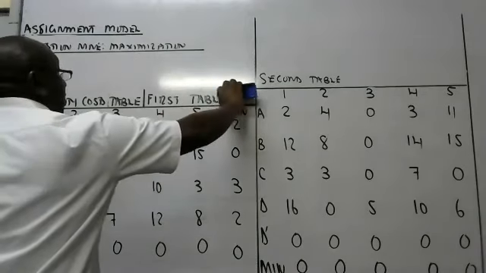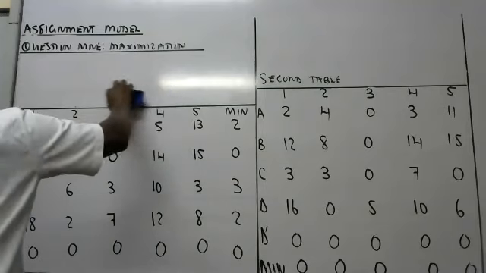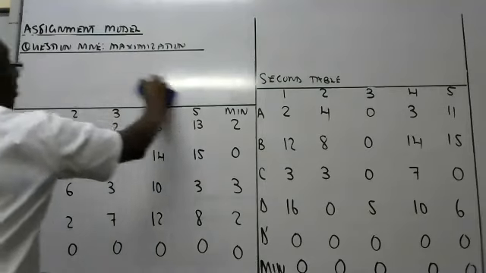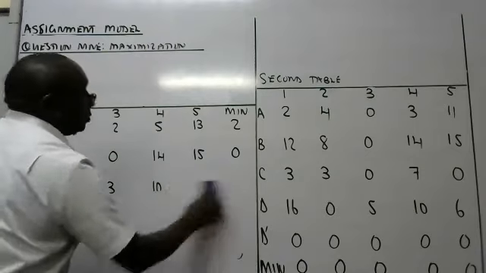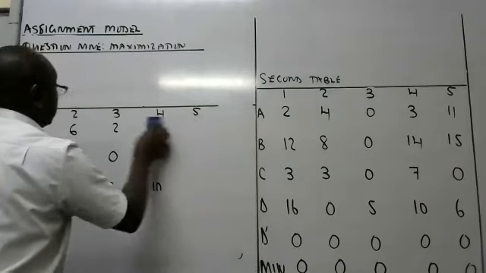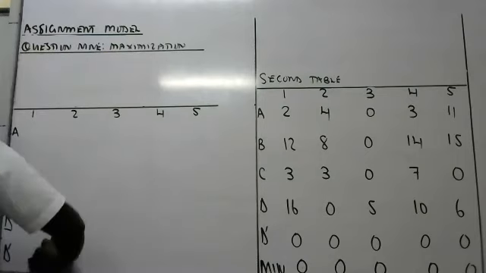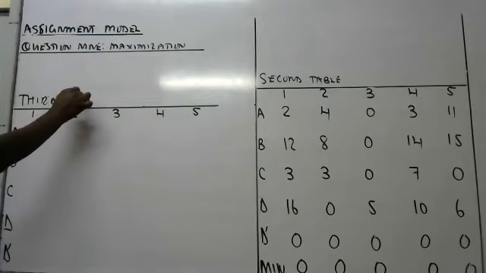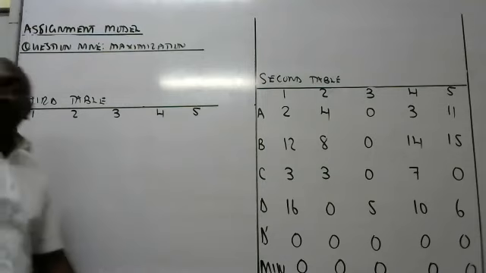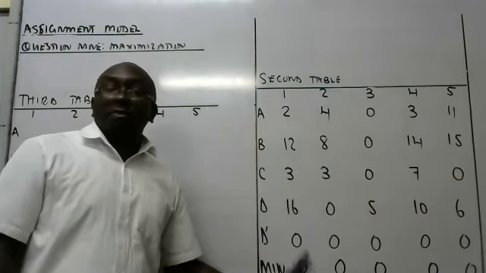So let's now design that table. What you do is subtract these minimums from the others.